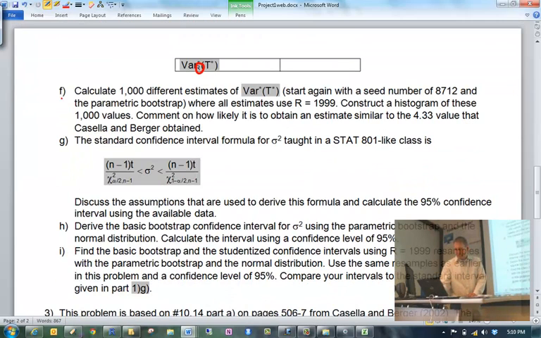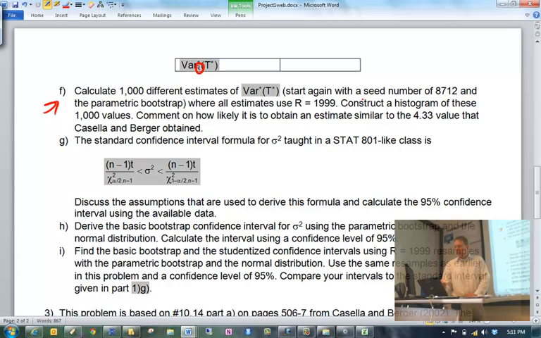Part F. Now what I want you to do is this process of resampling using 1,999 resamples, and I want you to replicate that 1,000 times. So you're doing a lot of resampling here. You're basically doing a Monte Carlo simulation of a Monte Carlo simulation. Why? Well, I think there's an error in Casella and Berger, and this will prove to you that there is indeed an error.